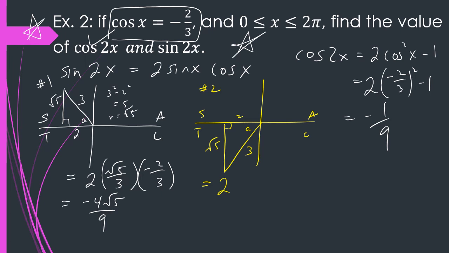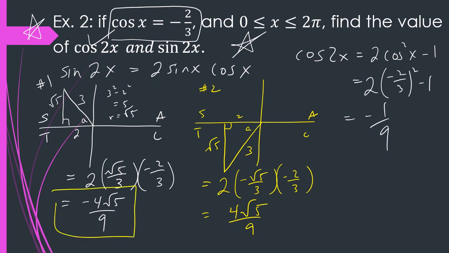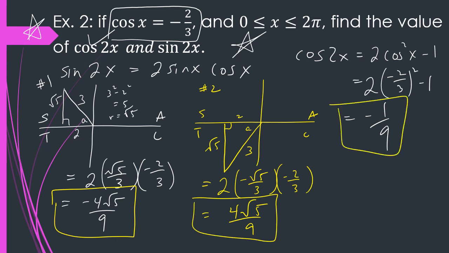Still opposite over hypotenuse, root 5 over 3, but this time it's going to be negative root 5 over 3. Cos is negative 2/3. Negative times a negative is a positive 4 root 5 over 9. So we have 2 solutions to this, all right there.